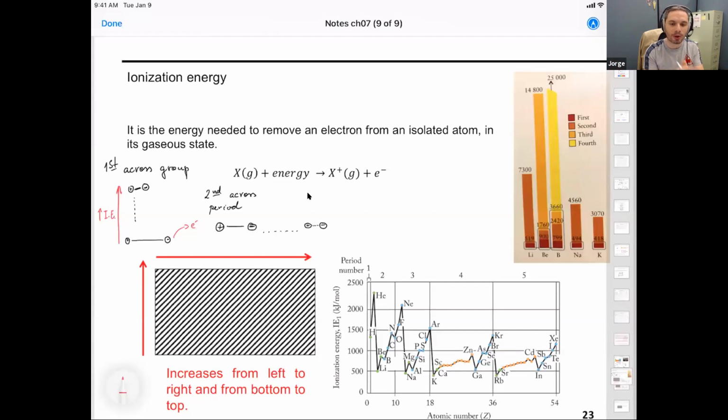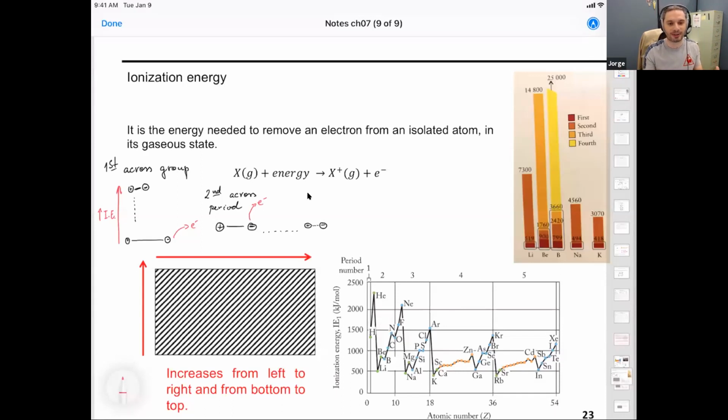That is all about the interaction nucleus-electron. The farther the electron is from the nucleus, the smaller is the attraction, therefore easier to pop the electron out. Therefore, it's much, much easier to remove an electron from the element on the left side compared to the element all the way to the right across the period.